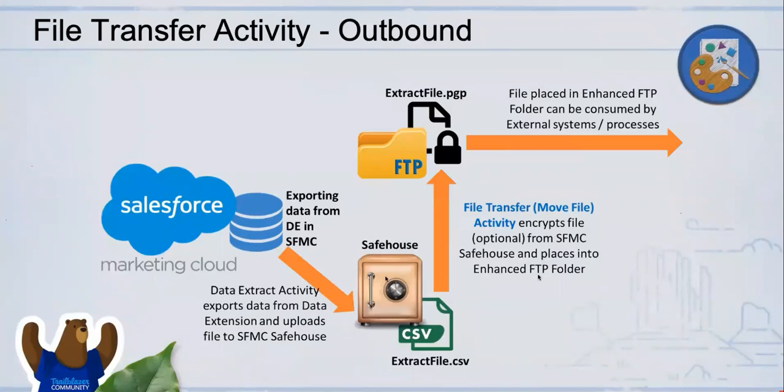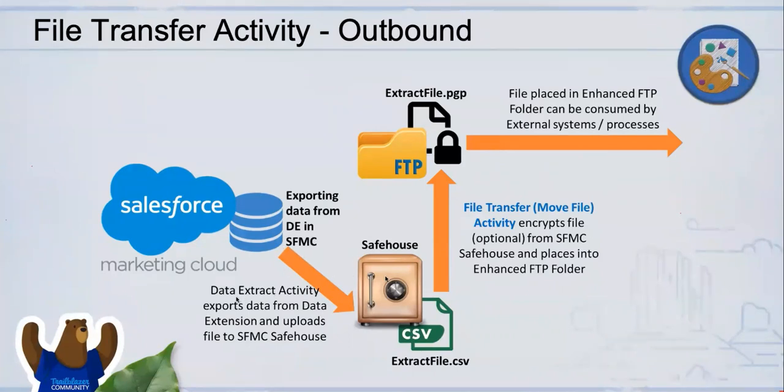Now for outbound, where the file data is exported from Marketing Cloud to an FTP, and the data in this case maybe resides in your data extension, right? So again, this will be 2 steps.